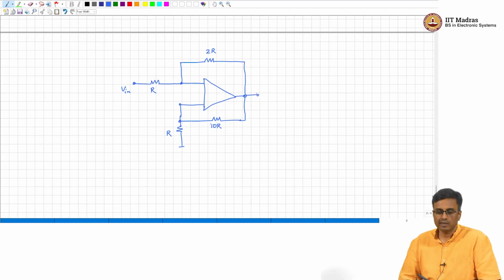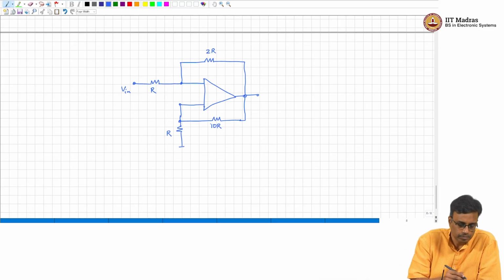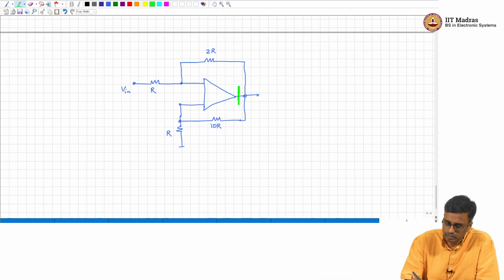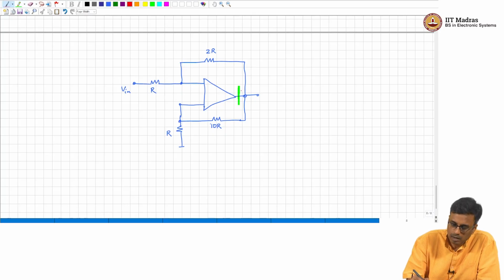Now, the question is, first of all, how should the signs on the op amp be chosen so that there is negative feedback around the op amp. So, how will we do this? We break the loop and apply a voltage, let us call that delta V. We set the input to 0.